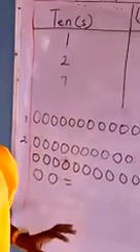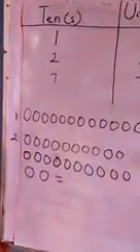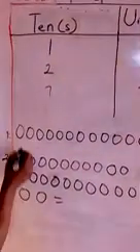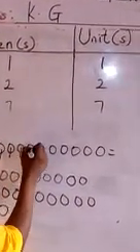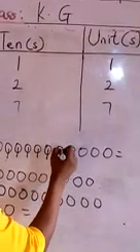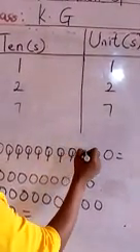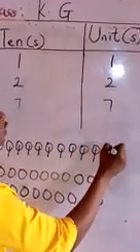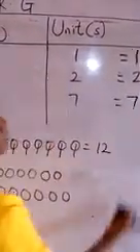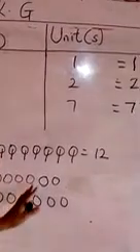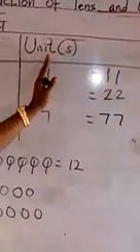Now let's see this one. This is how you get what I'm trying to tell you. We are going to count our objects now. Now let's count everybody. 1, 2, 3, 4, 5, 6, 7, 8, 9, 10, 11, 12. You have your 12. Then we want to put it into the tens and units.